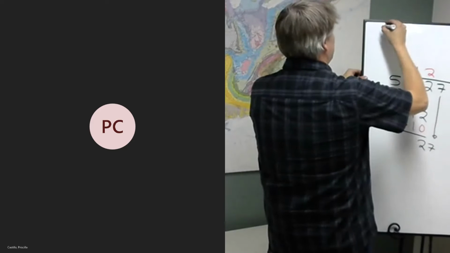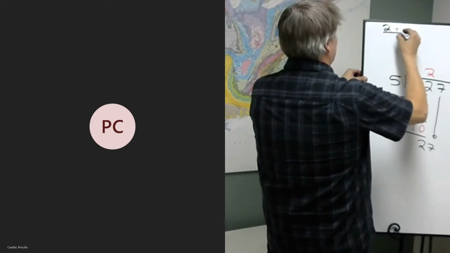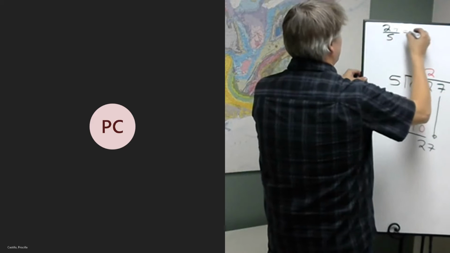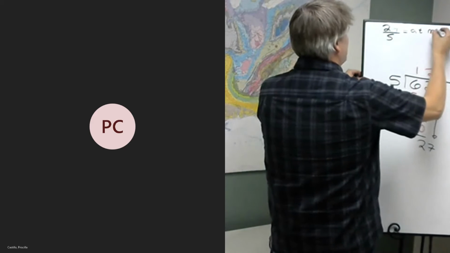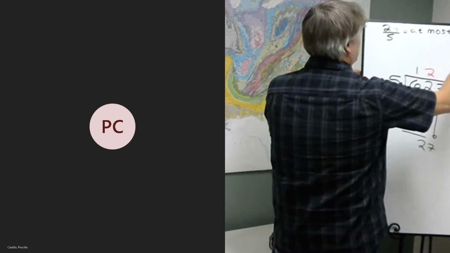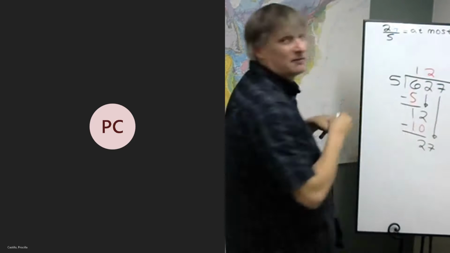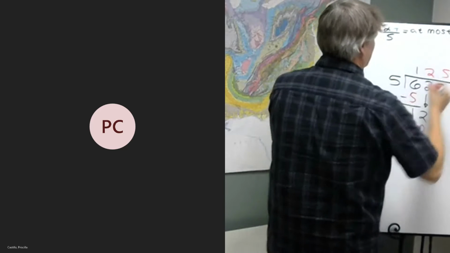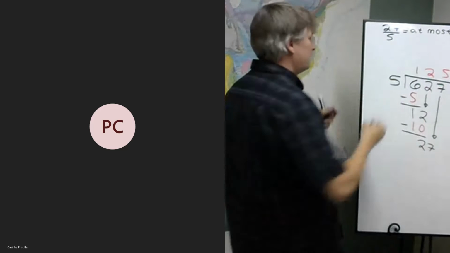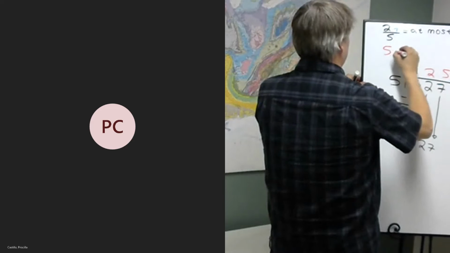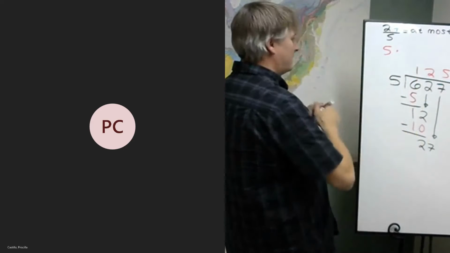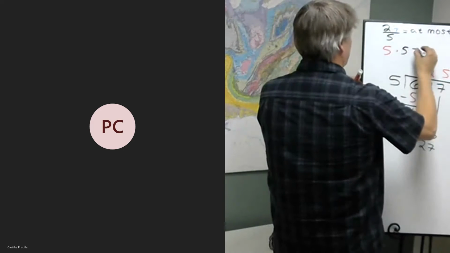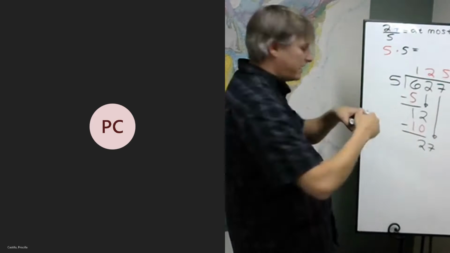So 27 divided by 5 is at most 5 times. We take 5 times 5, we get 25.